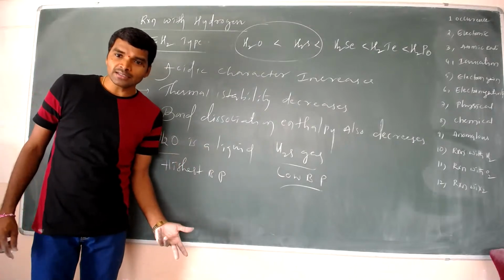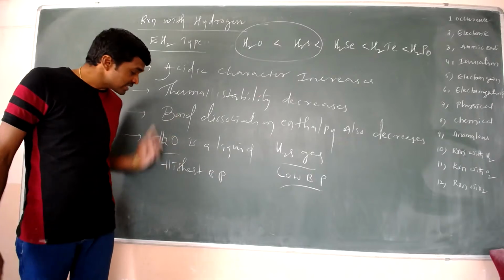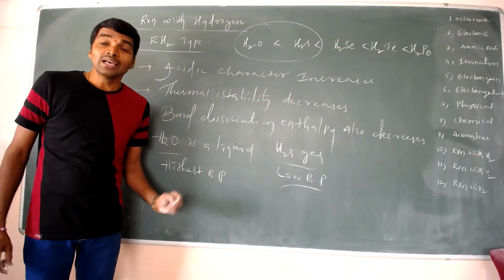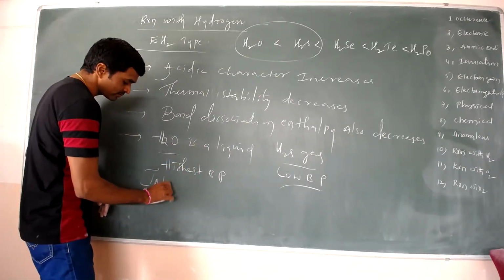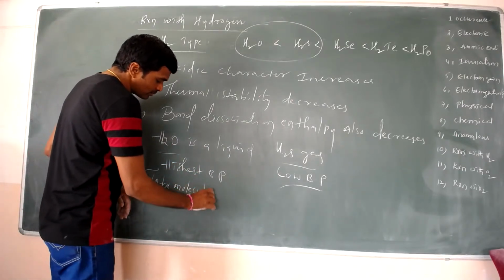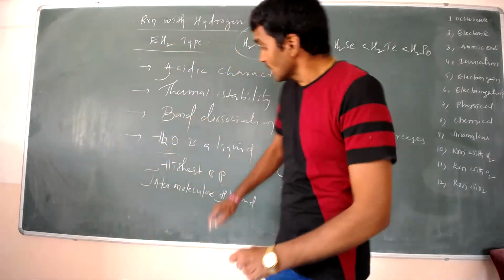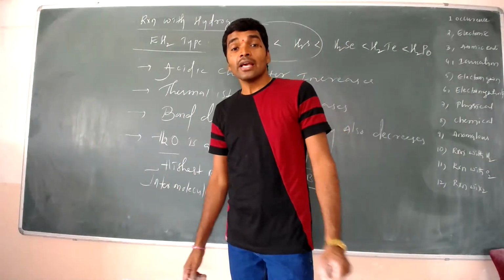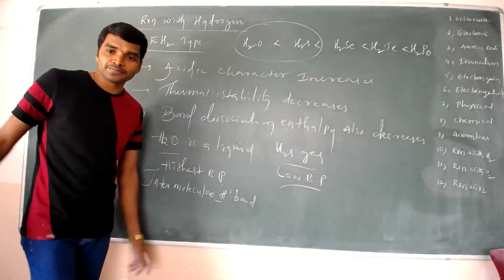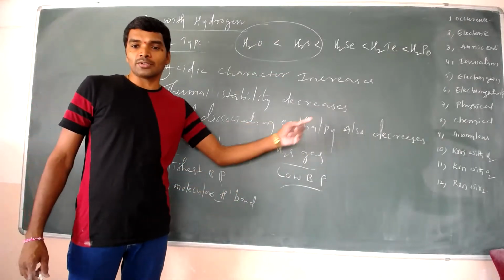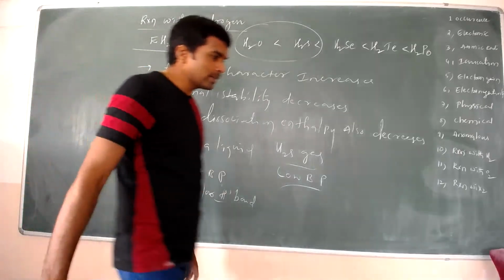In the H2O molecule, oxygen exhibits intermolecular hydrogen bonding. Due to intermolecular hydrogen bonding, the H2O molecule has a higher boiling point than the H2S molecule. Okay, right. Now see here.